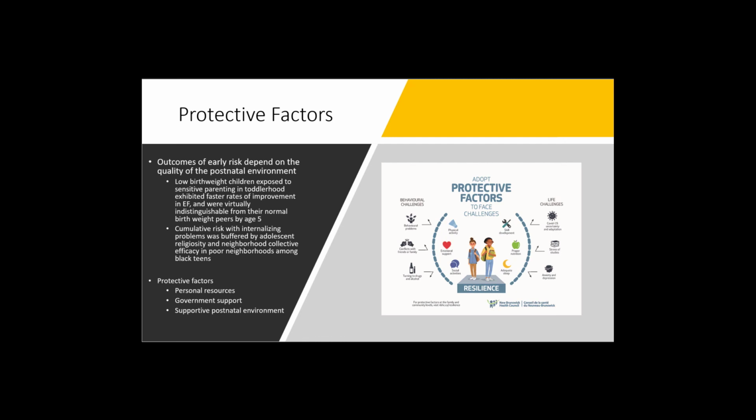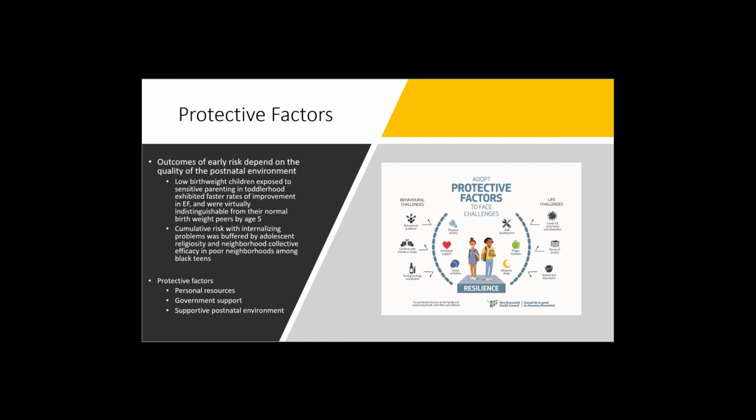There are protective factors that buffer the impact or lessen the impact of low birth weight on long-term developmental outcomes. So in this example, sensitive parenting lessens the impact of low birth weight on a measure of executive function at 5 years of age.